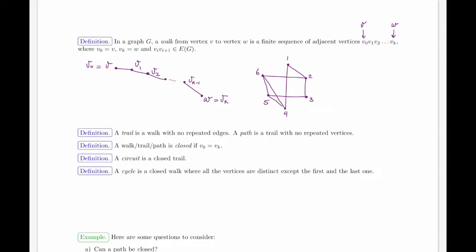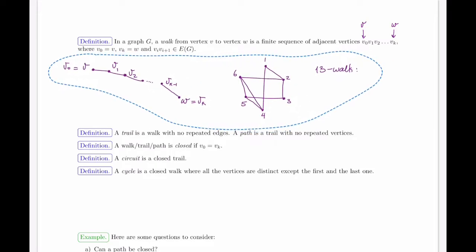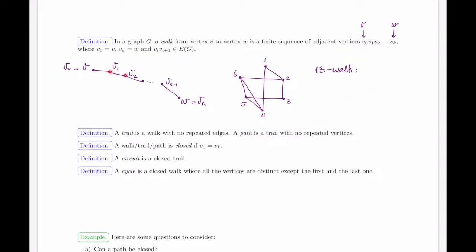Okay, so let's say I would like to come up with a 1, 3 walk, so this is a notation for a walk, this is my V, this is my W, which means it's a walk from the vertex 1 to the vertex 3. How can I get from the vertex 1 to the vertex 3 via a sequence of adjacent vertices? Well, let's see. I can go 1, 2, and then I can go directly to 3, right? From 1 to 2 to 3.